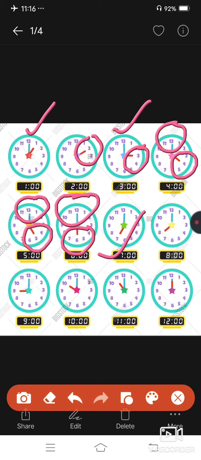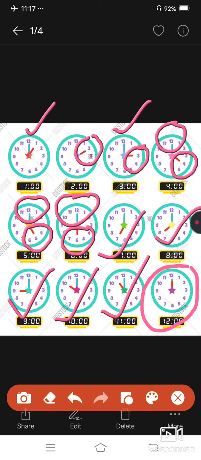Here 7 o'clock, 8 o'clock, 9 o'clock, 10 o'clock, and here 11 o'clock. And here in this clock, the time is 12. Not 12 o'clock. 12 only.